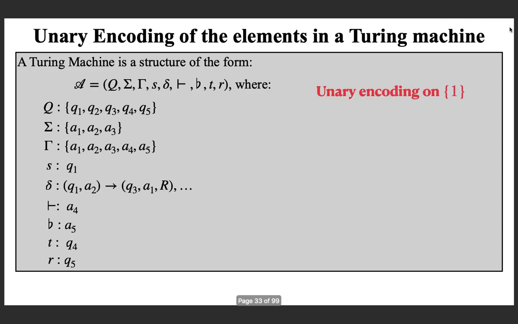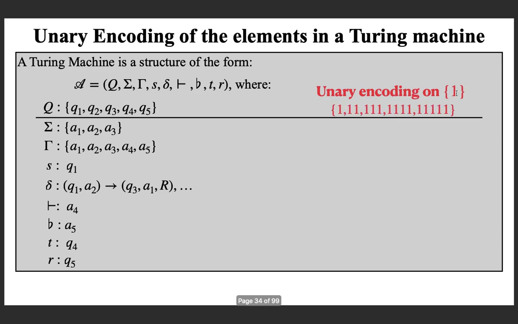We saw that in a unary encoding with the singleton alphabet 1, this is the required encoding for the state set: 1, 11, 111, 4 ones, and 5 ones. The ith element is represented as i ones.